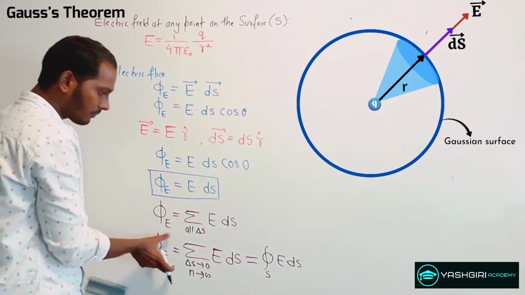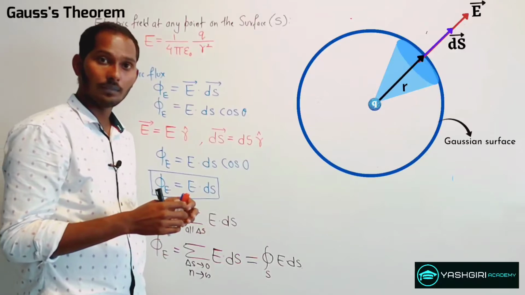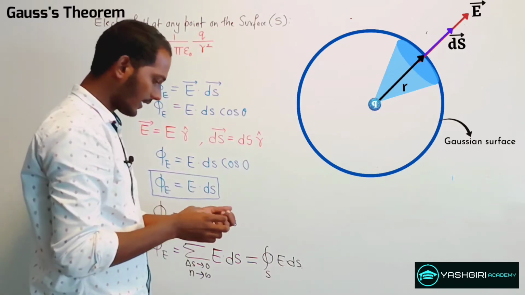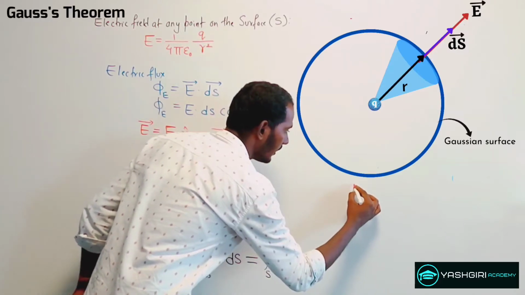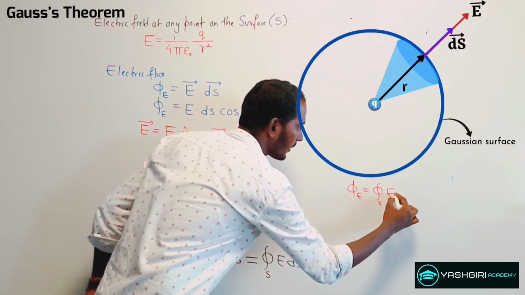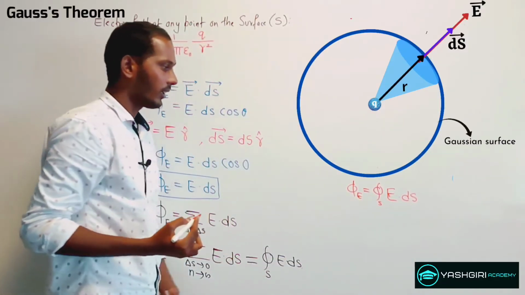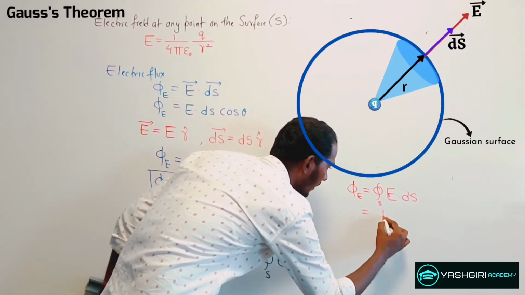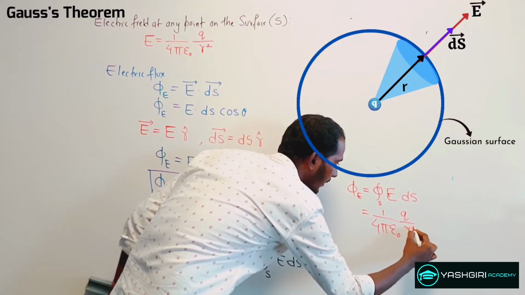Now let me use this expression for phi of E, which will give me the total electric flux passing through this entire surface area. The phi of E is equal to the surface integral over S of the magnitude of E into ds. Now we know the magnitude of the electric field: it's 1 upon 4 pi epsilon naught into q upon r square.